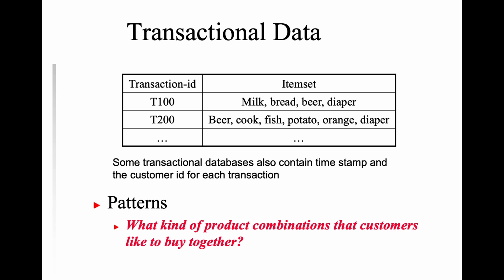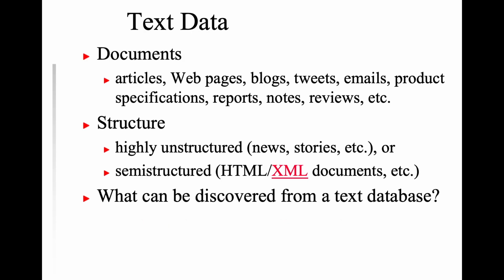And for example, what kind of pattern combinations customers like to buy together. Or we can later see what sequence of patterns can show us. Sometimes if you buy A and B, then you will buy C. Or if you buy A, then B, then you may also buy C. These are all types of pattern discovery that we will discuss in this class.